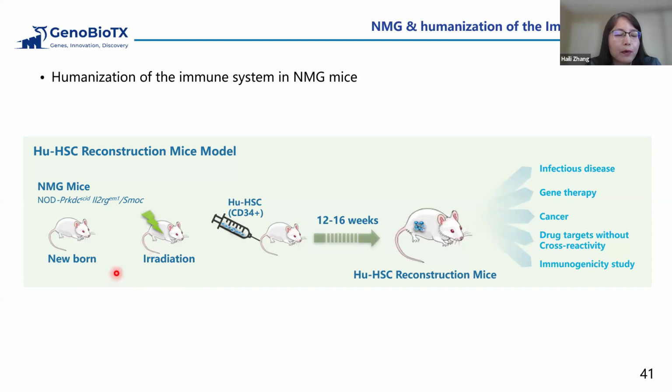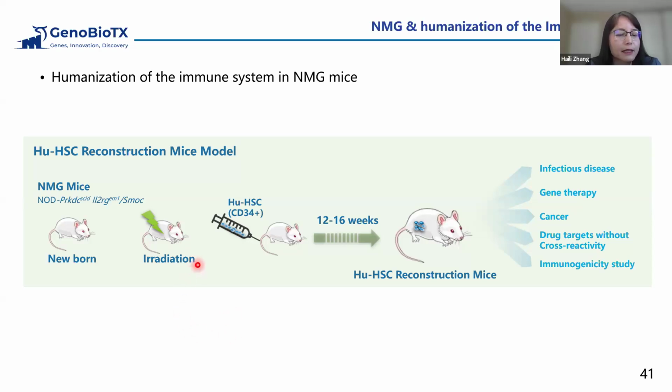Secondly, prior to the injection of human HSC, the recipient mice are conditioned using radiation or chemotherapy to suppress their endogenous hematopoietic system.